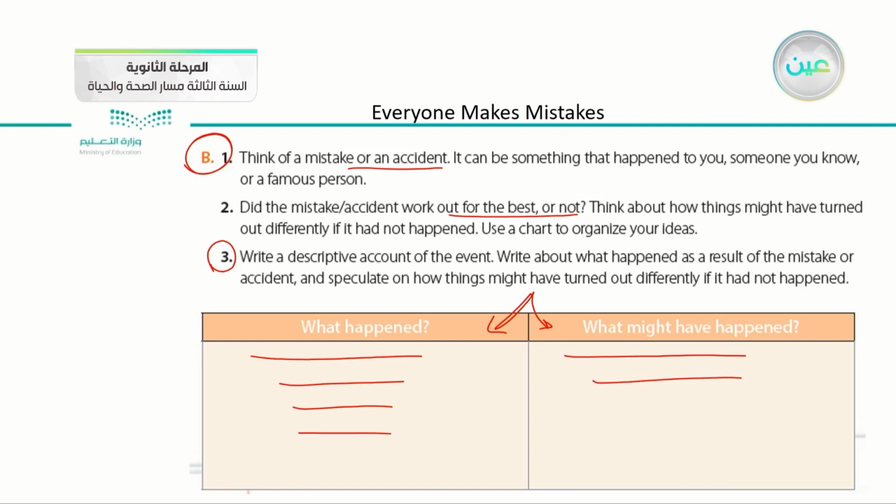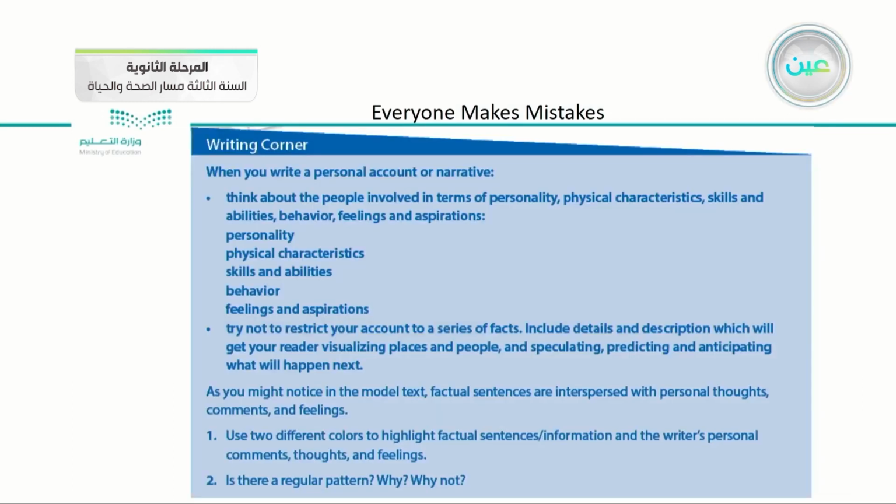Okay? So use this chart to organize your mind, to help you lay down all your thoughts and ideas about this mistake. Then you can go to the writing corner so you can benefit from the advice there and start writing your own story, a story that talks about a mistake that you have made.